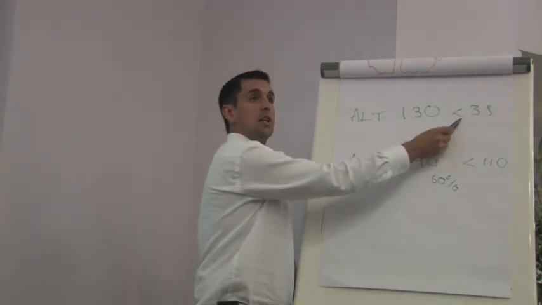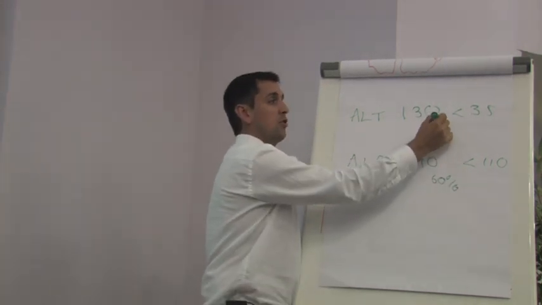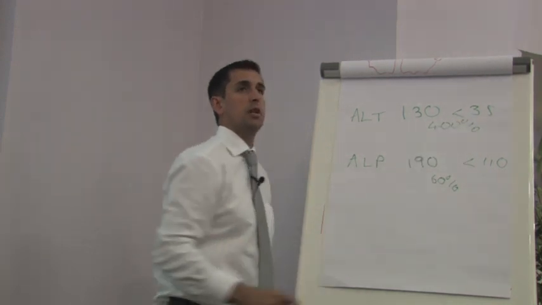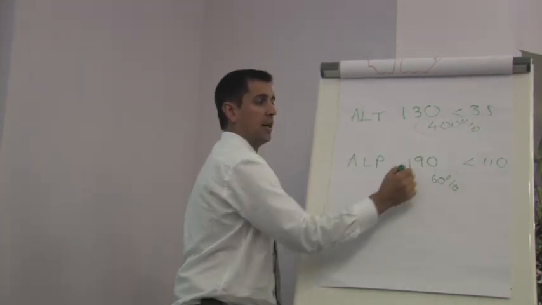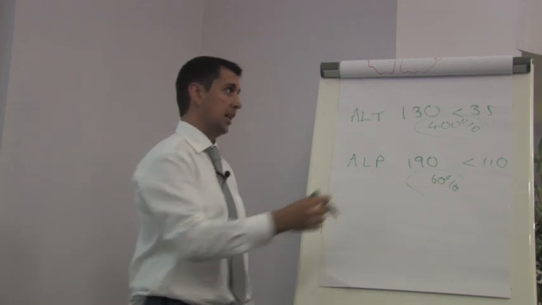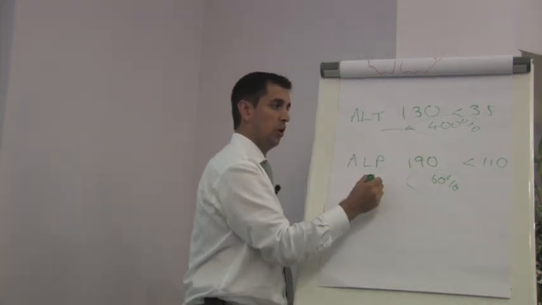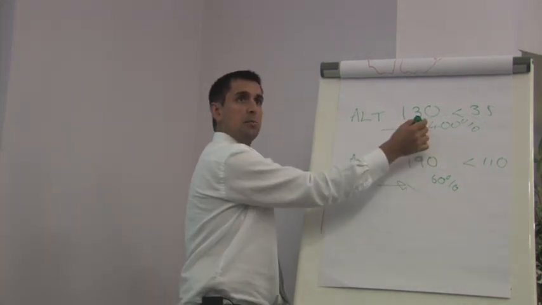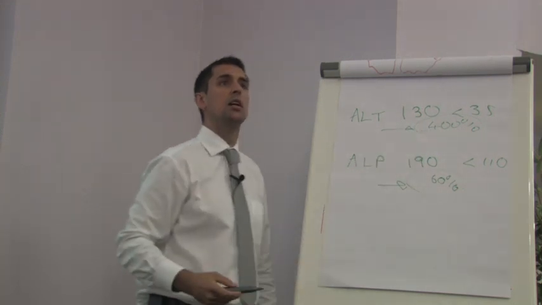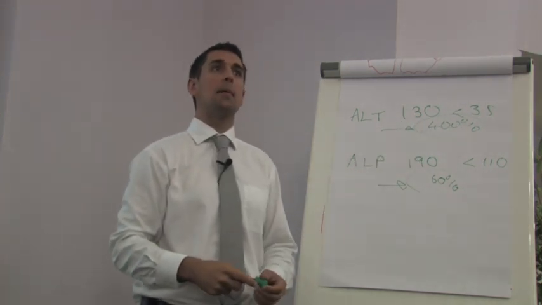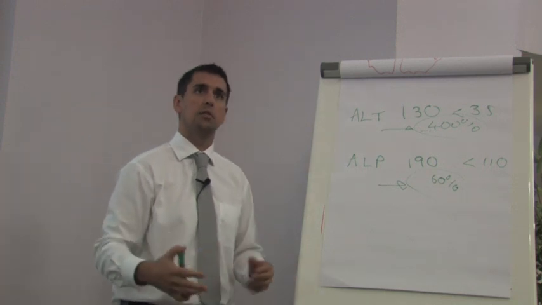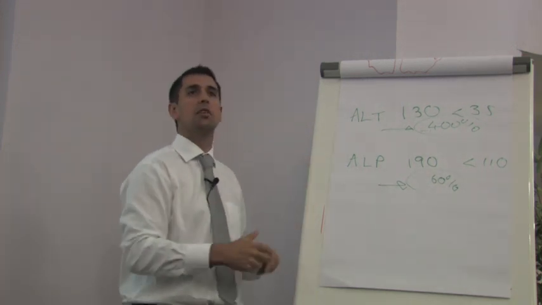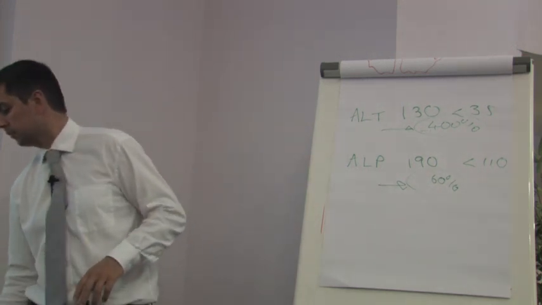Whereas if I look at this, this is almost a 400% increase, just very vague maths. I look at the size of these rises, and then I say whether this is likely to be a hepatitic cause or a cholestatic. And since this percentage rise is much greater, this is most likely to represent a hepatitic pathology, not a cholestatic pathology. Does that make sense? It's never purely divided into one rise and another.